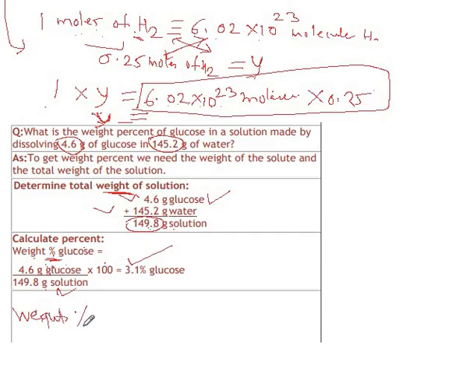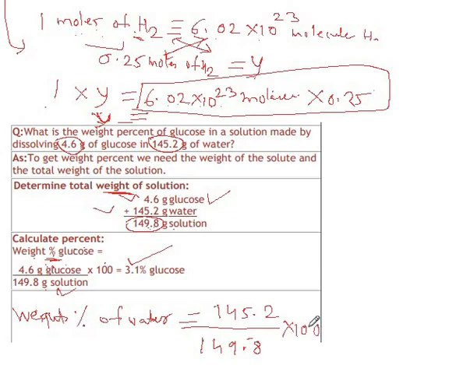Similarly, you can calculate weight percent of water. So weight percent of water will be equal to what? Weight of water, how much? 145.2 divided by total weight, 149.8, into 100. Whatever this comes to, that will be weight percent of water.